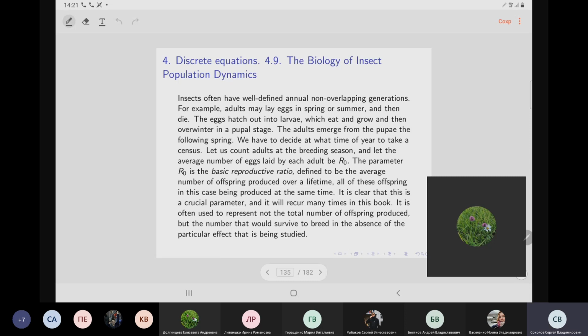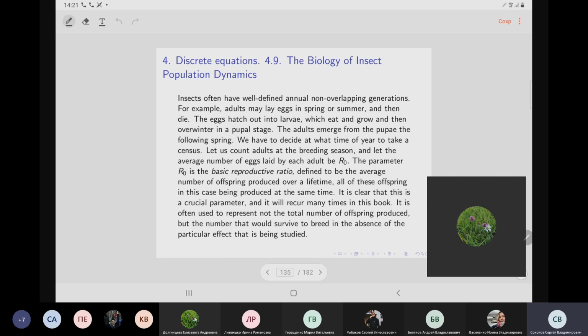So what about the insects? The adults lay eggs in spring or summer, and then they die. The eggs hatch out into larvae, which eat and grow.